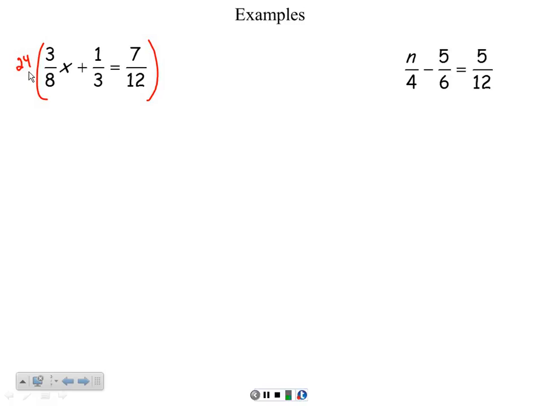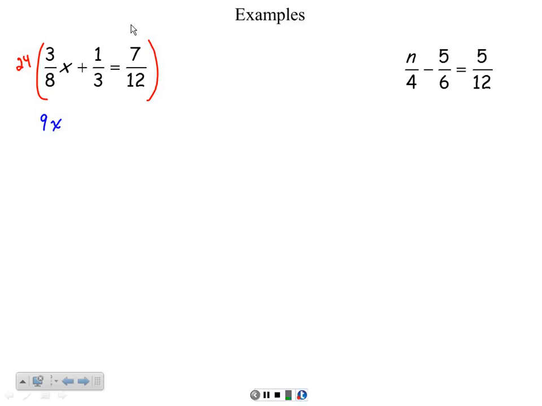So 24 times 3/8 x is going to give us 9x. If you don't want to use your calculator and you want to understand what's going on, in my head, 8 will go into 24 3 times, and 3 times 3x is 9x.